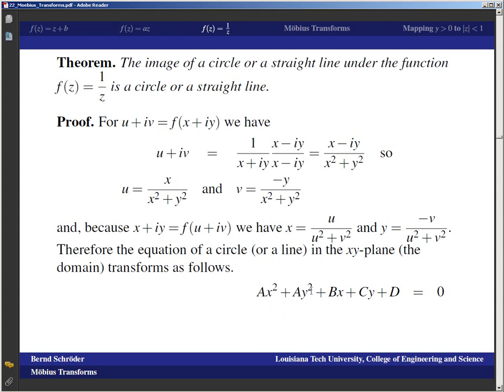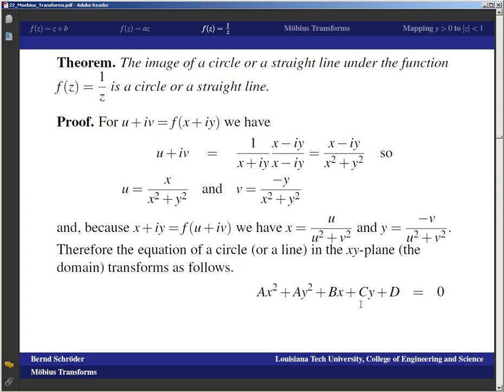It could also be the equation of a line because in this equation we do not exclude that a could be 0, and with a being 0 this would be bx plus cy plus d equals 0, and that's the equation of a line. So this really is the equation of a circle or a line, and that's another reason why people often like to treat circles and lines at the same time. Their equations really match up very nicely.